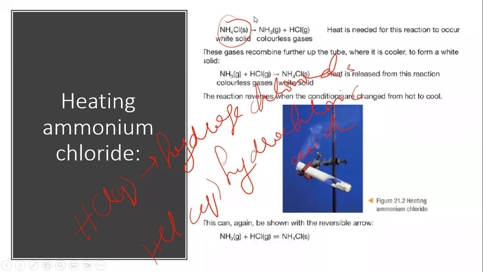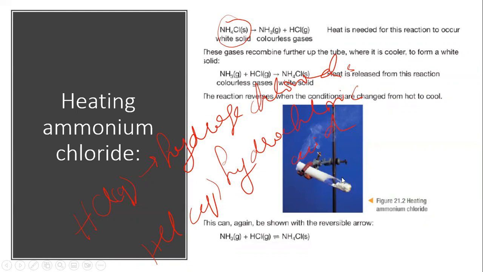So your ammonium chloride can break down to give you ammonia gas and hydrogen chloride gas. This is happening when you are heating it up. So as you're heating it up, it's going to break down. Over here at the bottom is where you're applying the heat.